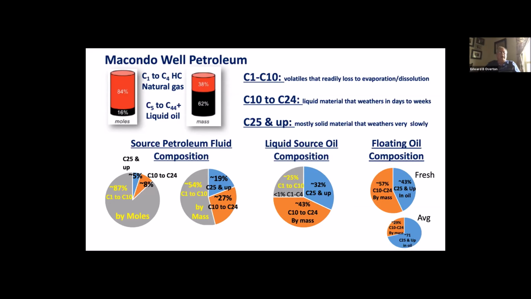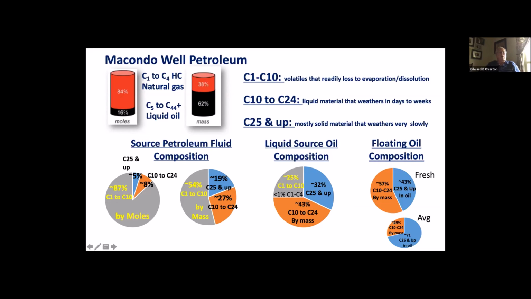The really volatile fraction includes the natural gas, C1 to C4 carbons, and the volatile compounds up to about C10. So if we look at the composition of the Macondo oil, on a molar basis, that is the number of molecules, it was mostly natural gas. In liquid oil, it's only 16%.